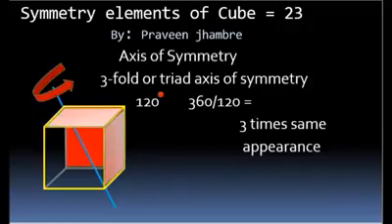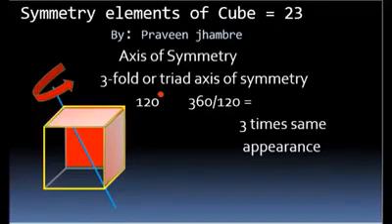Second is the triad or threefold axis of symmetry. In this type of symmetry, an imaginary axis is passing through two diagonally opposite corners, and also passing through the center of the cube.